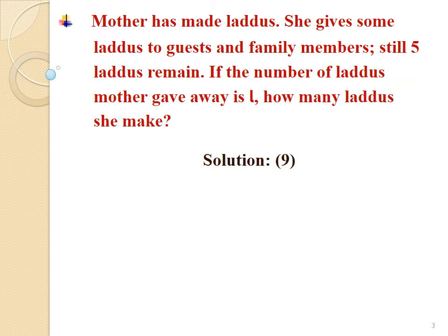Students, note that by adding 5 to 20, we get 25. Similarly, if mother gave away L number of laddus, then we can also easily state that mother made L plus 5 laddus. Thus, laddus made by mother is L plus 5.